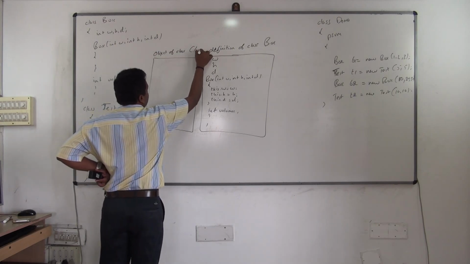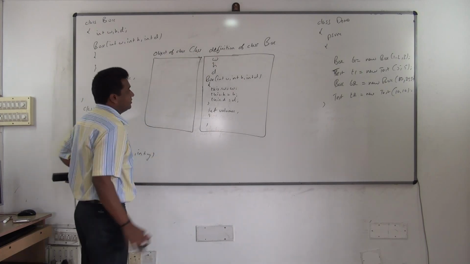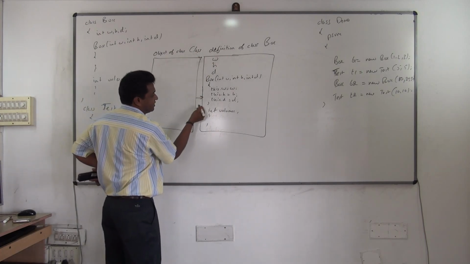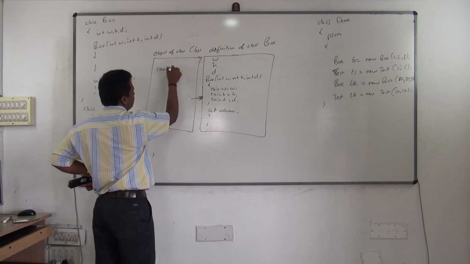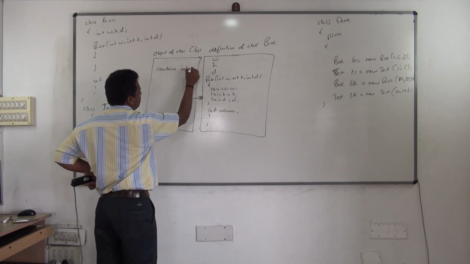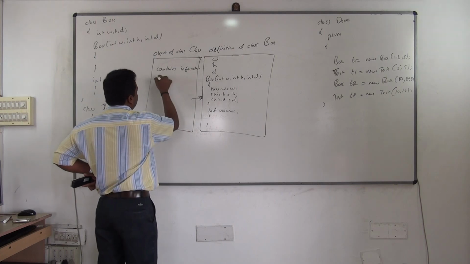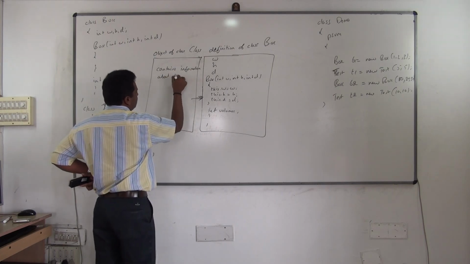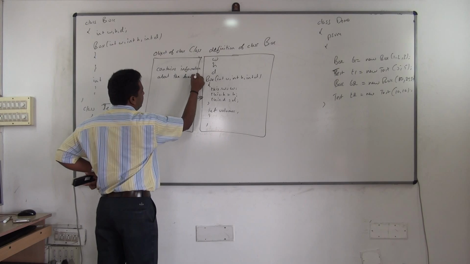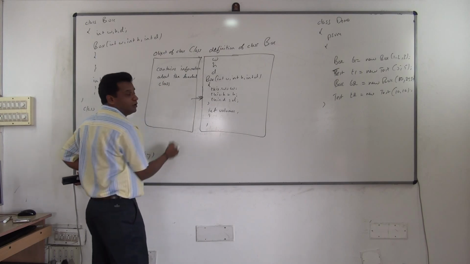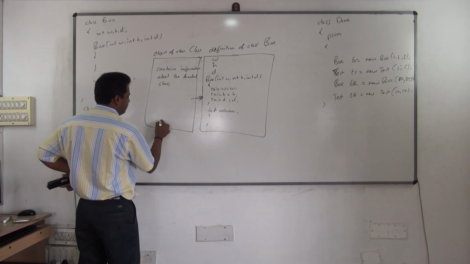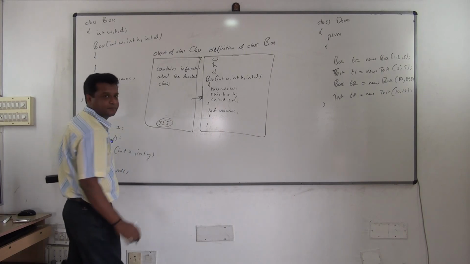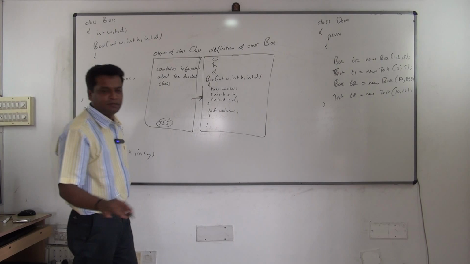This object of class, what will it contain? It contains information about the loaded class. This is also an object. This will also have an address, something like 555. Understood? Some address it will have.